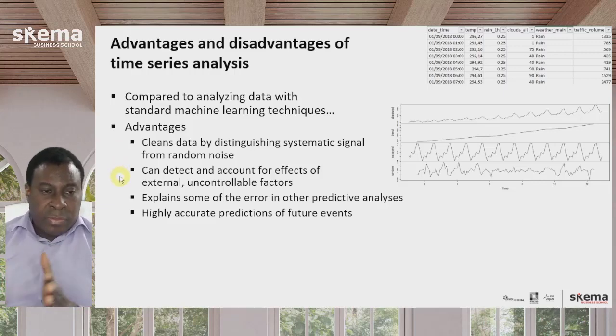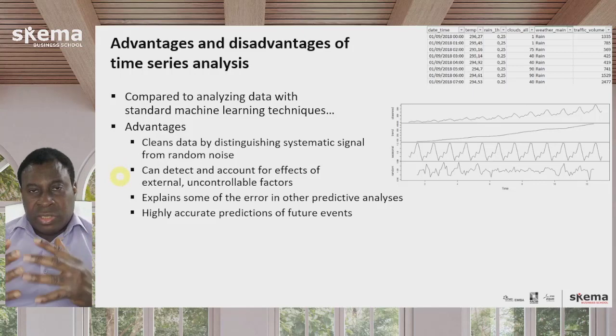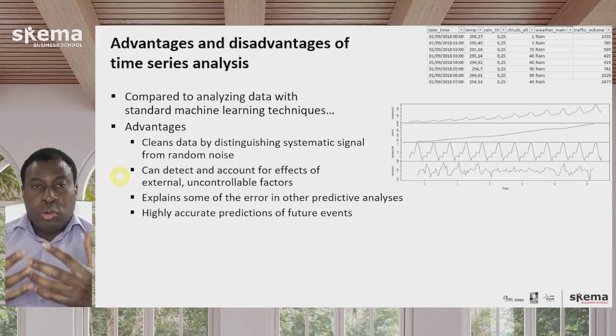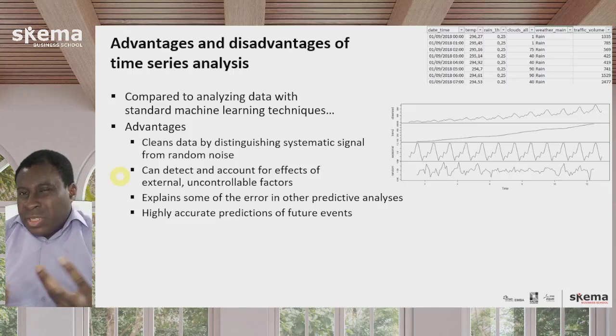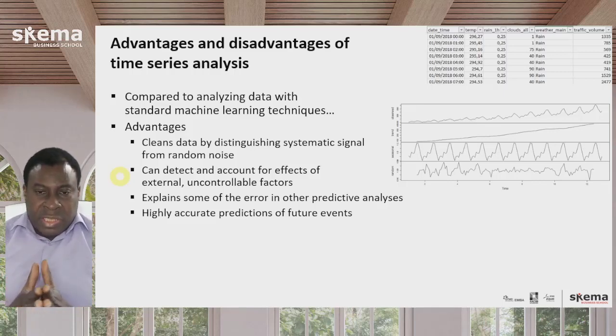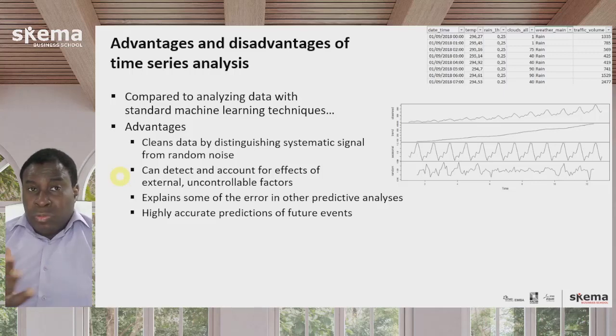So another point is that time series analysis can include a lot of things into your data analysis that your data set does not contain. For instance, if you're trying to predict sales, but over the past year there might have been some political upheavals that affected your sales, but it's not in your data set.